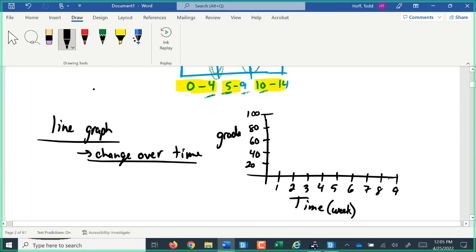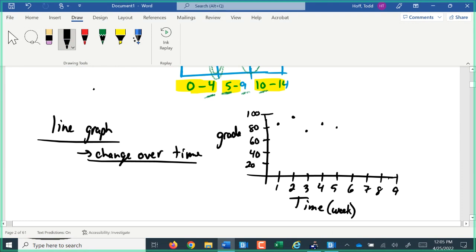So let's say in week 1 of the quarter, you had an average of 84. So put a dot there at 84. In week 2, you had an average of 98 that week. So put a dot there. Week 3, you had a test. You might have struggled with it. Let's say it was a 79. Week 4, you were at an 88.